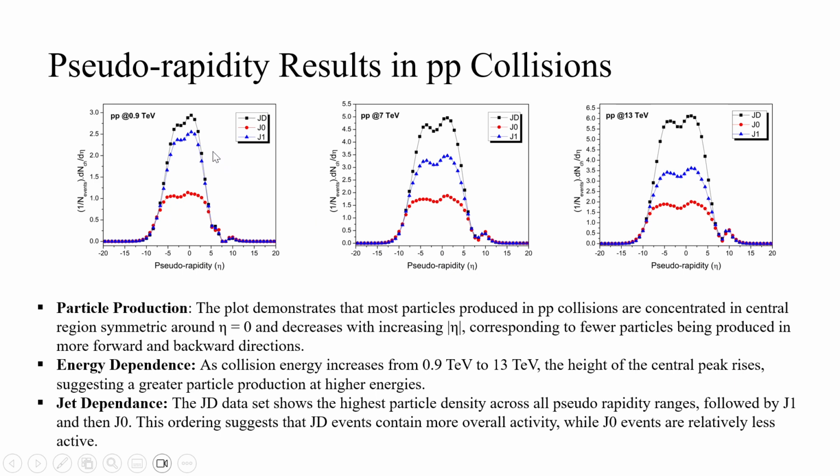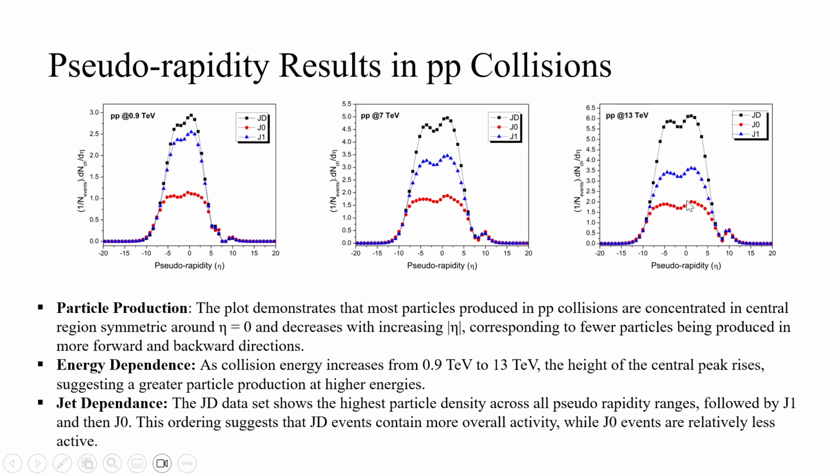In all these different energies, only the black distribution shows the highest particle density across all pseudo-rapidity ranges. Then it is followed by J1, then J0.